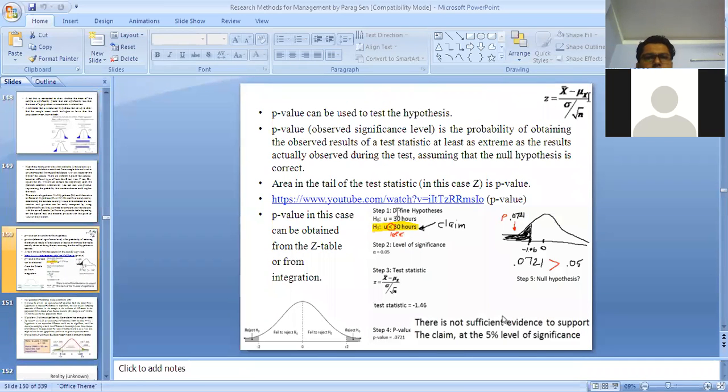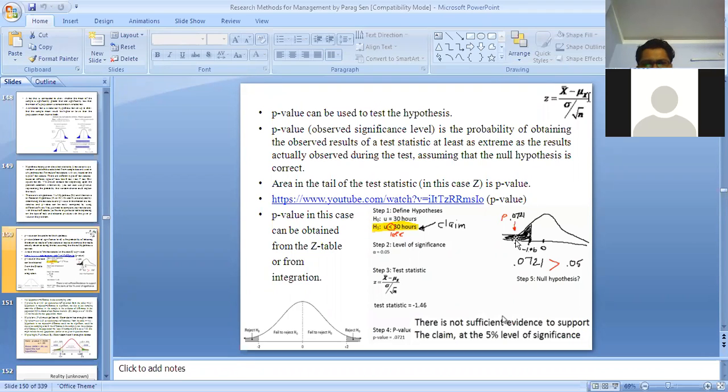As you can see in the slide, the p value, or the observed significance level, is the probability of obtaining the observed results of a test statistic at least as extreme as the results actually observed during the test, assuming that the null hypothesis is correct. Just have a look at this figure.